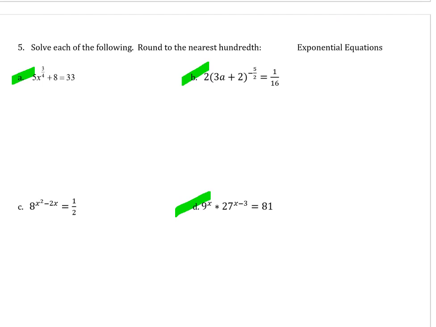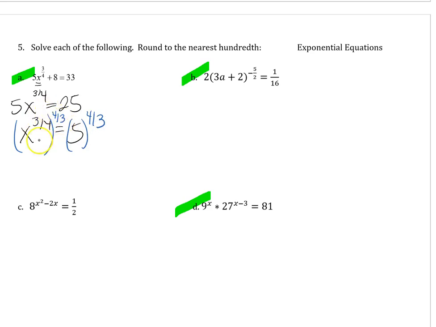Now when we solve these, I need to isolate the thing that's being raised to the power. So I'll subtract 8, so 33 minus 8 is 25. Divide by 5. Now you're going to undo the 3/4 by raising it to the 4/3.